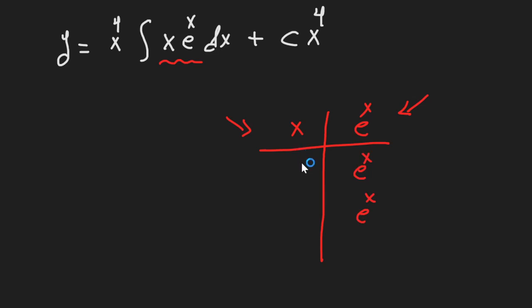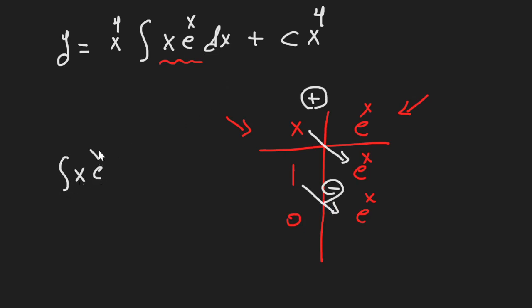And if we differentiate in this part, we will get 1, 0. Now you multiply these two with a positive sign and these two with a negative sign. So your integral would equal x e to the x minus e to the x.